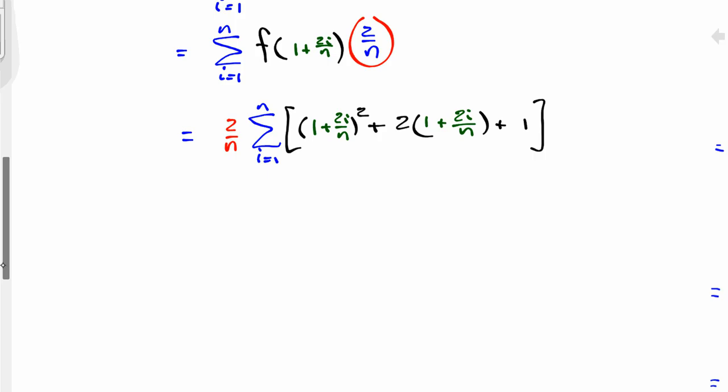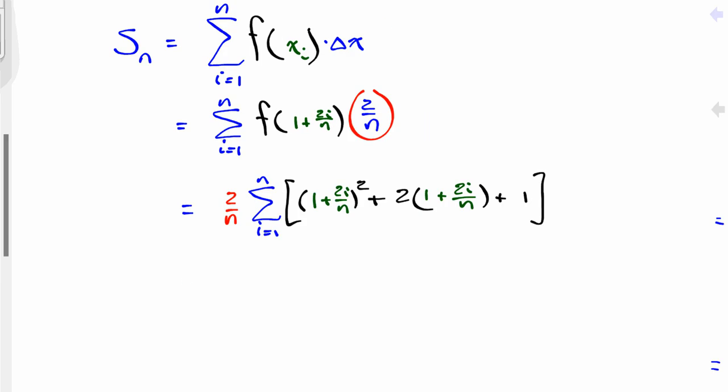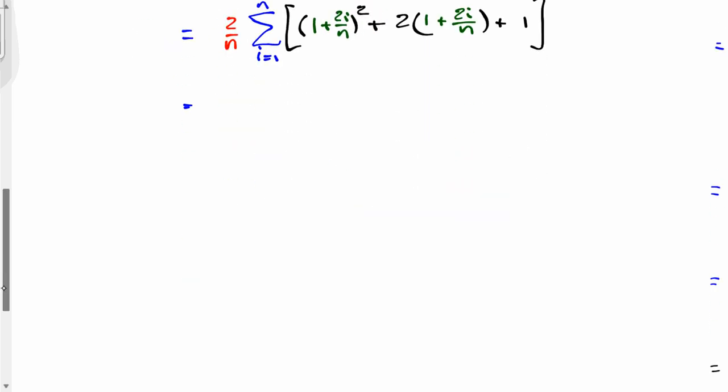And now I work at simplifying this. So I'll need to do some expanding. So I'll keep the 2 over n. That's a weird one, but I can live with it. When I distribute that, I'll get 1 plus 4i over n plus 4i squared over n squared.